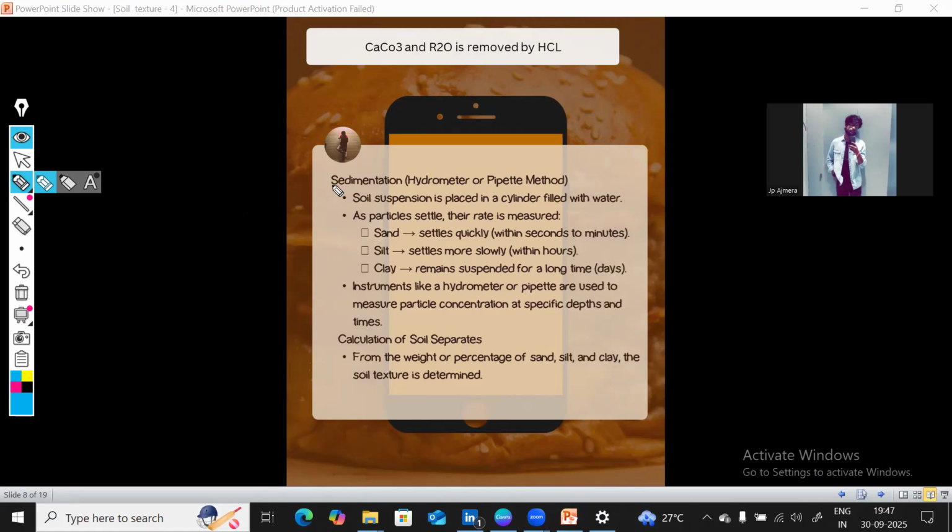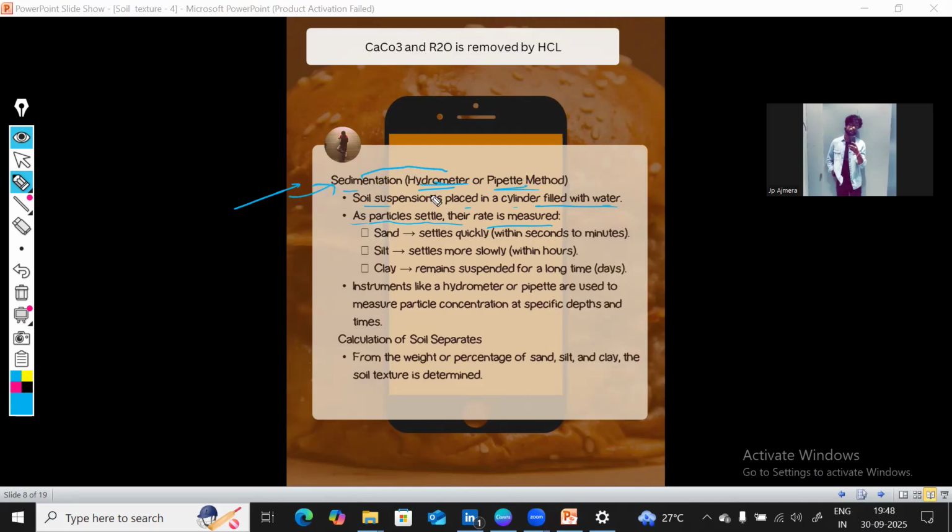Let's finish this slide. Later on we'll talk about that. Sedimentation, hydrometer and pipette: there are two methods I already told you. There is a mechanical analysis method. Suspension is placed in a cylinder filled with water. These are procedure kind of things. The particles settle and the rate is measured.